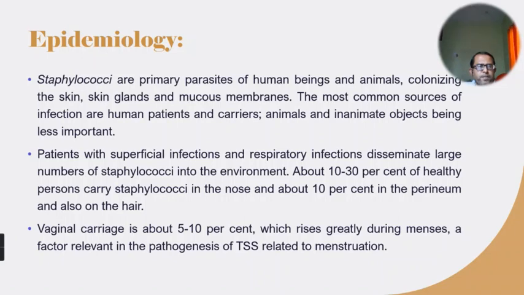About 10 to 13% of healthy persons carry staphylococci in their nose, and about 10% carry them in the perineum and on the hair. Vaginal carriage is also about 5 to 10%, which rises greatly during menses.